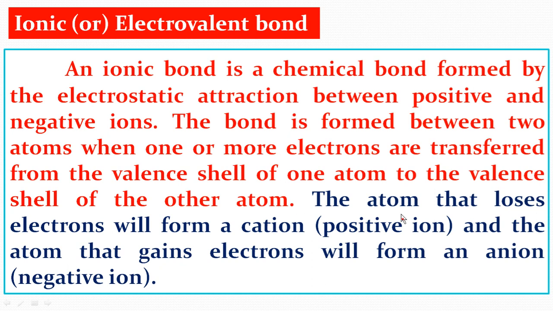The atom that loses an electron will form a cation, that is a positive ion, and the atom that gains the electron will form an anion. Negative ion means minus ion. Now, the force of attraction between the positive and the negative ion holds the atoms together to form a molecule.